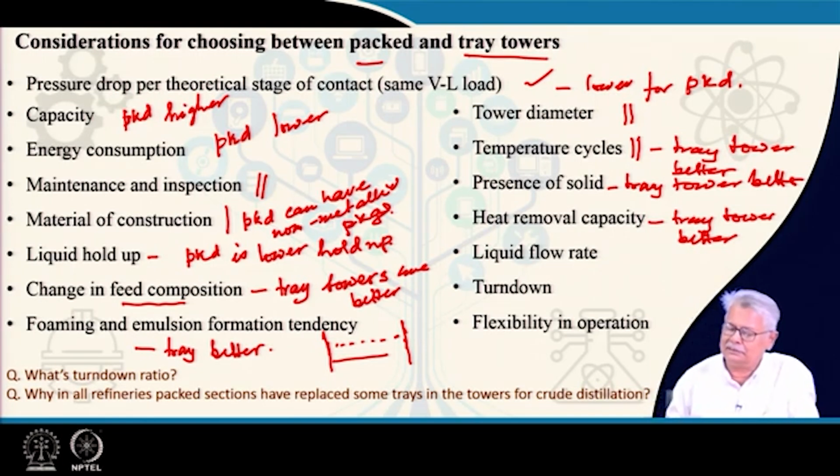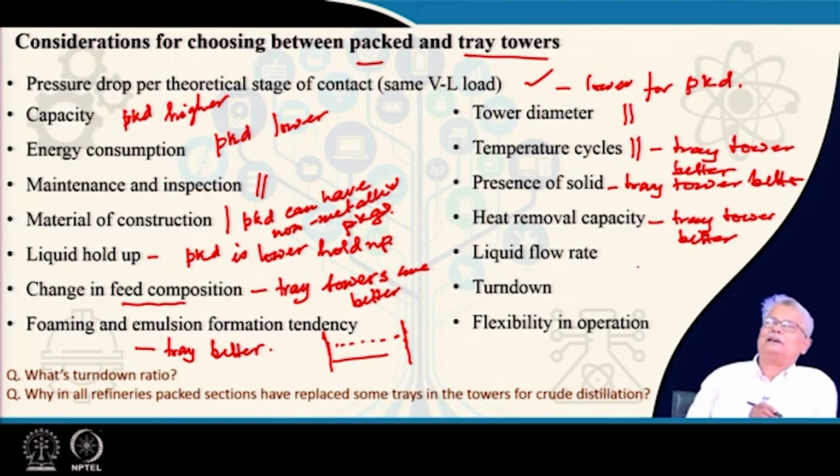The limitation is not due to the packing. In a packed tower, it is of utmost importance to avoid channeling, and channeling is better avoided by having a uniform distribution of the liquid over the packing itself. Normally, whatever type of distributor you have for packings, they have a limited range over which they function well.